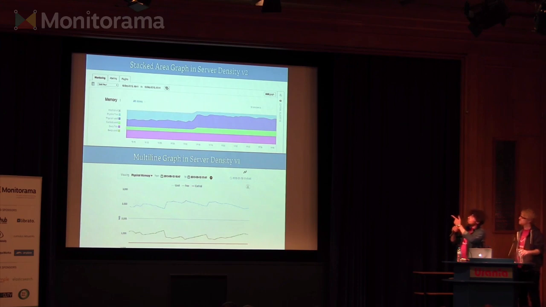This is immediately clear looking at that graph, but it is not in the graph below. This is a stacked area graph, and the other one is just a simple line series with lines overlaid one on top of each other. So we did this kind of reasoning for all the main default system metrics, in order to make the understanding of what's going on, the representation of the metrics group, as good as possible.